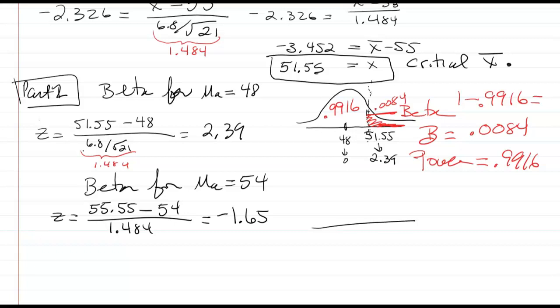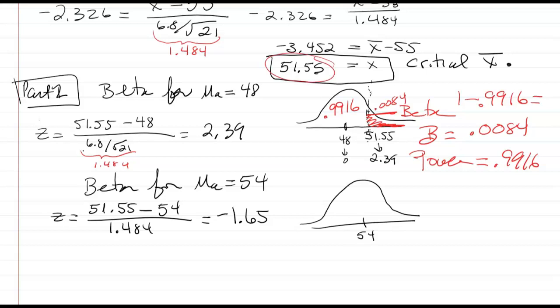So I'm going to draw another picture. Okay, remember our 54 is now centered in the middle. Sorry, I just noticed I wrote 55 instead of 51. I apologize for that. That critical X bar was 51.55.